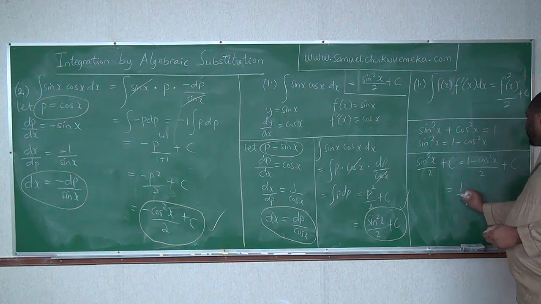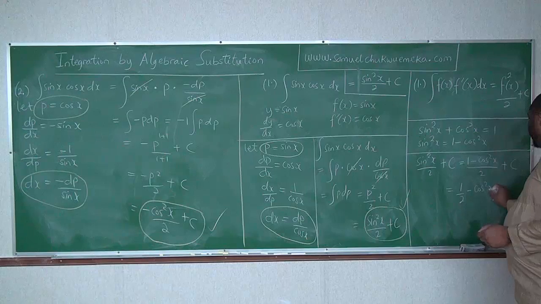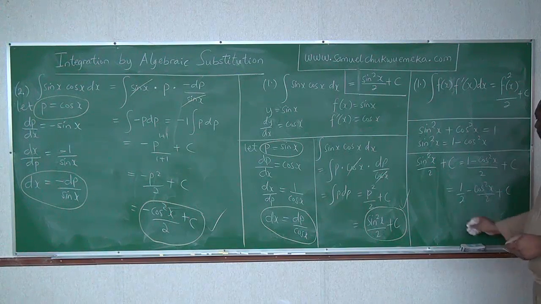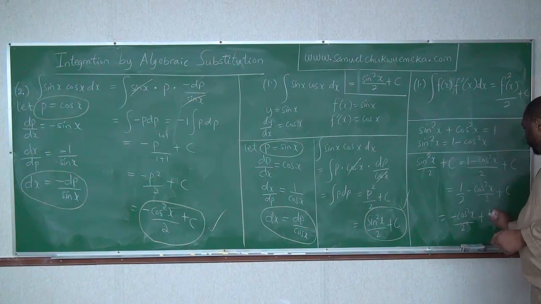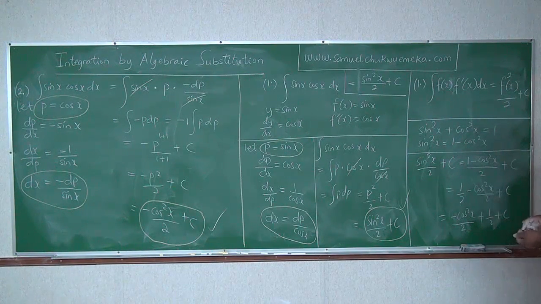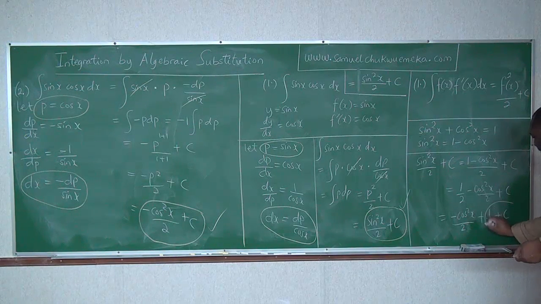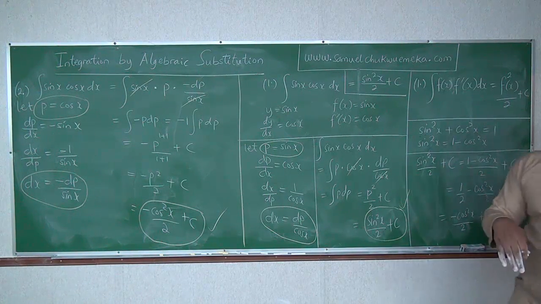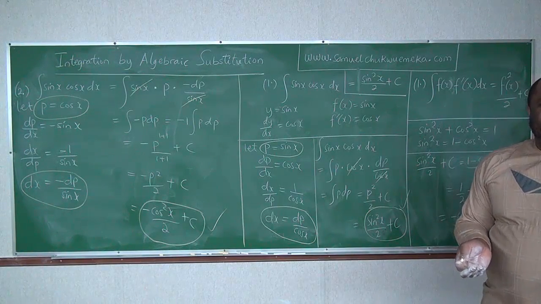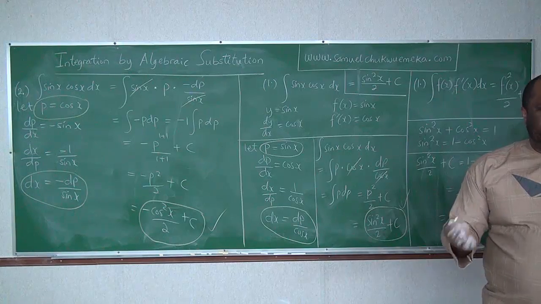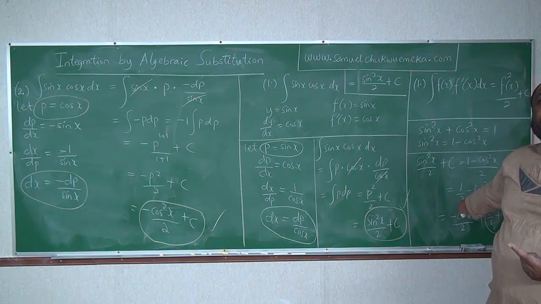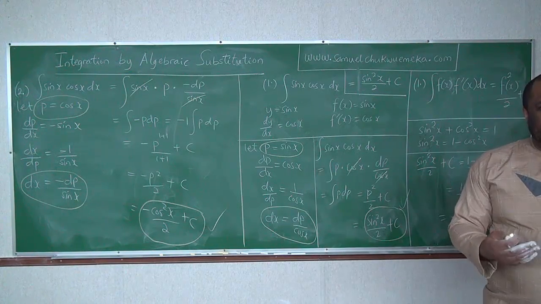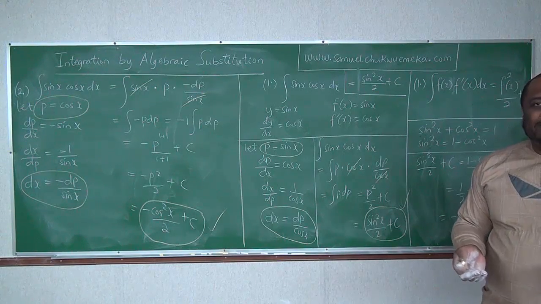So this gives us 1 over 2 minus cos squared x over 2 plus c, which gives us minus cos squared x over 2 plus 1 over 2 plus c. You see this here, 1/2 plus c is still a constant. When we do differential equations, you will appreciate and see we'll be using this a lot. When you have 1/2 plus c, it's still c, it's still a constant.